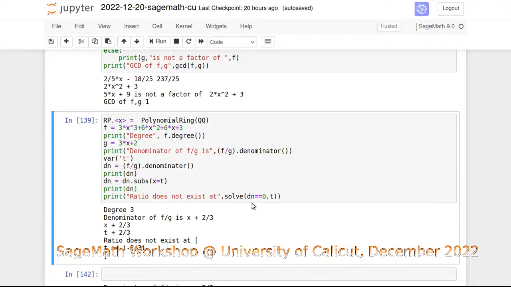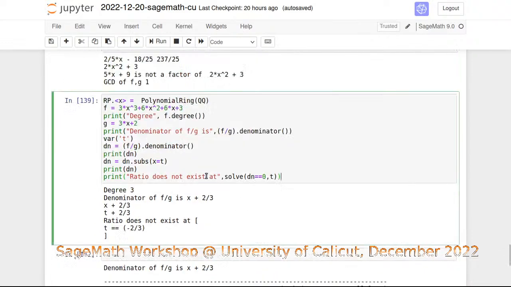Okay, now that's it. We can find the denominator as I told. Now, if you want to get the list of all coefficients of a polynomial, here we have taken f to be equal to 3x cubed, 6x squared, 6x, etc. Suppose that we want to get the coefficient of the largest power of x.